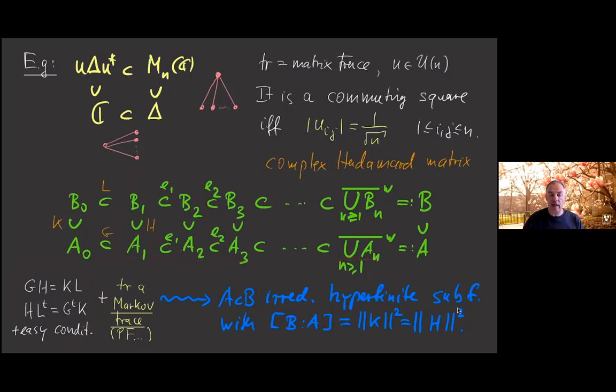And then at the end, you take the union of the algebras and you do, as before, the representation of the union of these algebras on the Hilbert space defined by the trace.